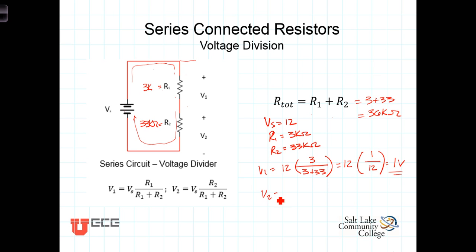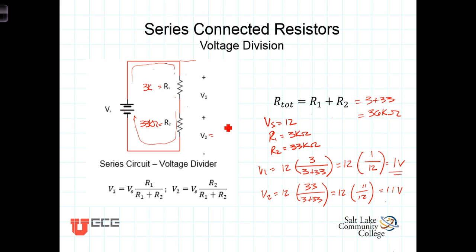Similarly, V2 will equal 12, our total voltage dropped across the two resistors, times 33 over 3 plus 33, which is equal to 12 times 11/12. Now, this ratio corresponds to the ratio of R2, which is 33K, to the total resistance of 36K, and 11/12 of 12 is 11 volts being dropped across this resistor.